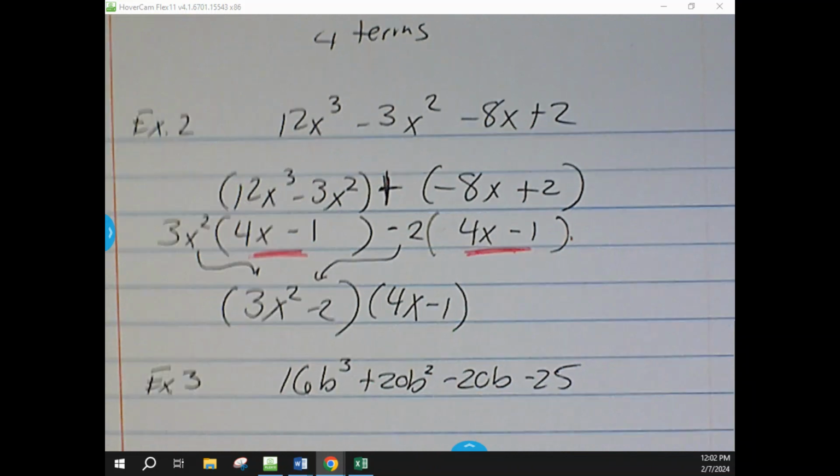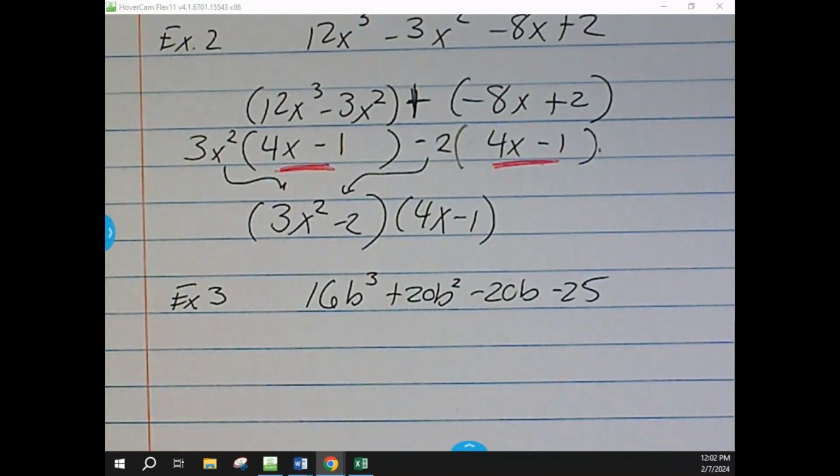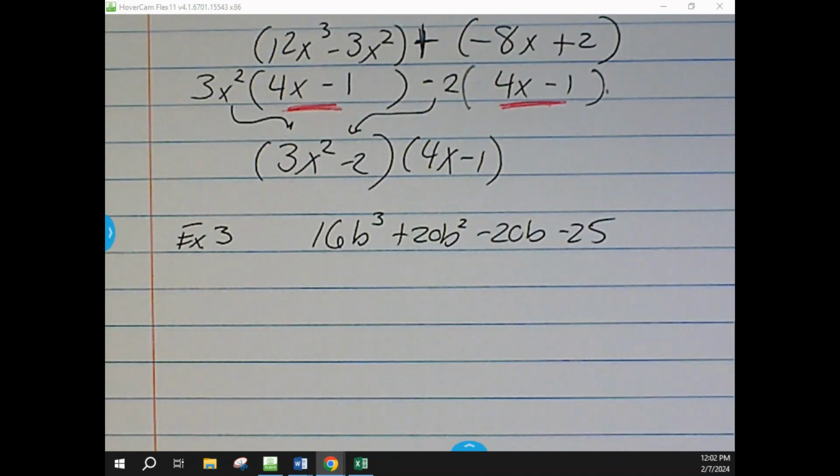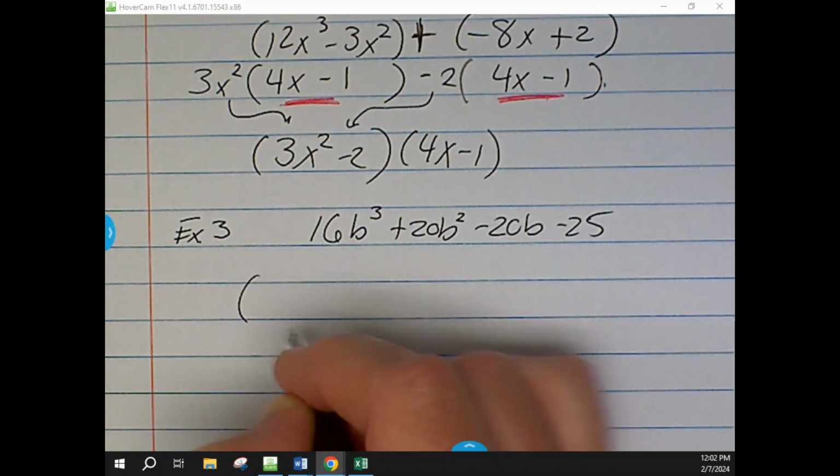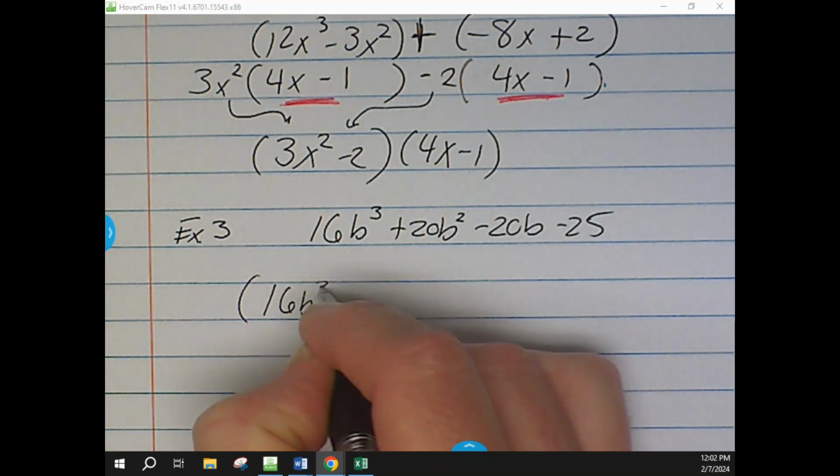All right, so let's go 16b to the third plus 20b squared minus 20b minus 25. Okay, so again, first thing is put the first two numbers in parentheses together.